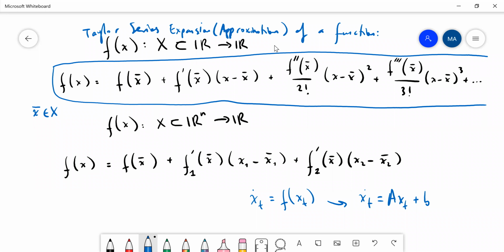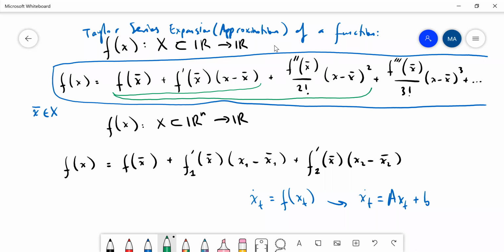First, I evaluate this function at that point. Then I take the first order derivative and evaluate that first order derivative at that point, and then I look at the deviation of x from that point. So this part approximates the function in the first order. Then you can add the second order derivative.